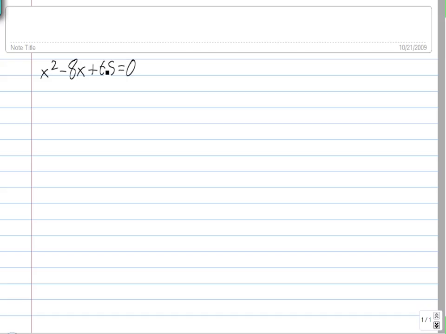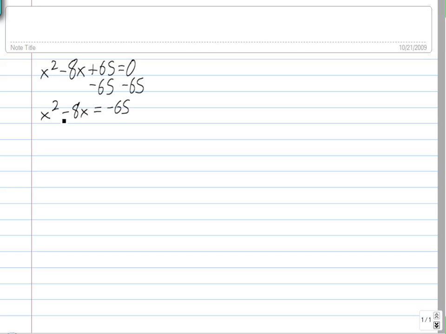So to complete the square, we need to bring the constant term to the right side. So subtract 65 from both sides. And you're going to be left with x squared minus 8x equals negative 65.